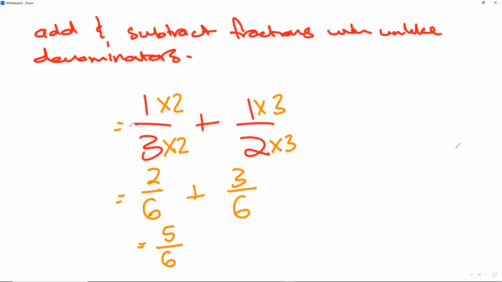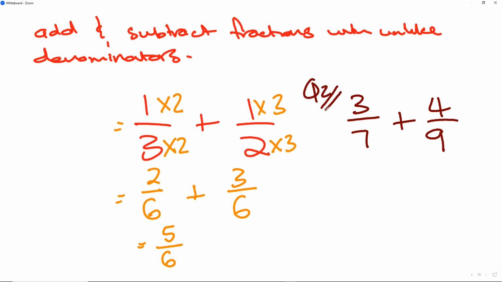Let's have a look at another example. Let's suppose I've got 3 over 7 plus 4 over 9. Here, I'm going to multiply the left-hand side by 9. In this side, I'm going to multiply by 7. And I'm going to do the same at the top.